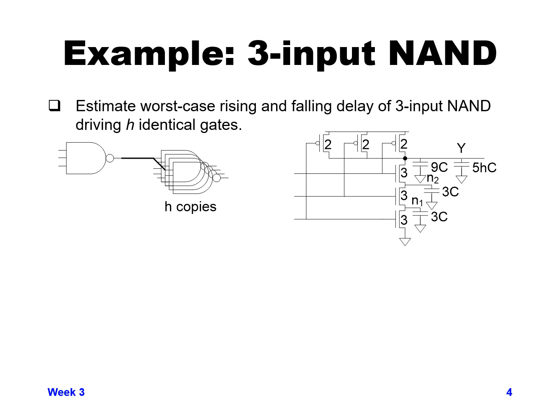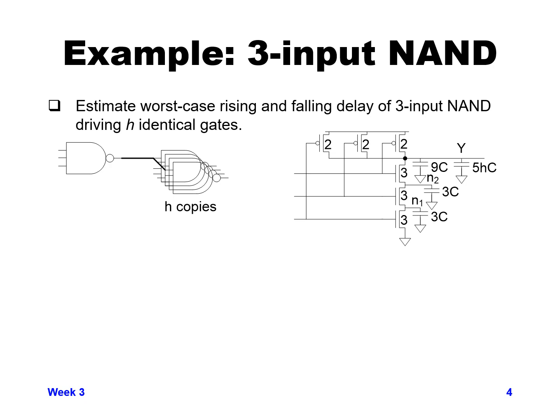So seen over on the right hand side, this would be the model that you would want to use to estimate your worst case rising and falling delay, where you have the model of the gate itself with its 9C capacitance. The 9C is coming from the gates connected inside the 3-input NAND gate.